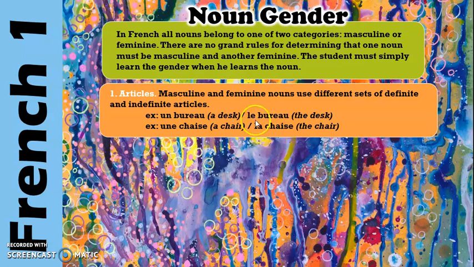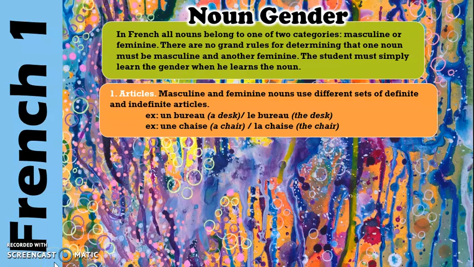Likewise, if I wanted to say the chair, I'm going to use the word la, because la is how you say the for feminine nouns. So, une chaise, a chair. La chaise, the chair. Un bureau, a desk. Le bureau, the desk. Okay.